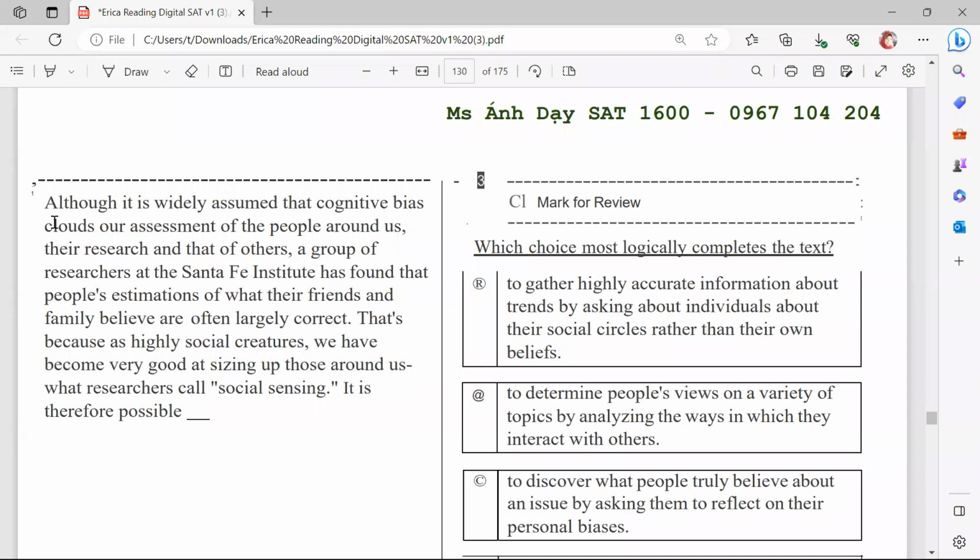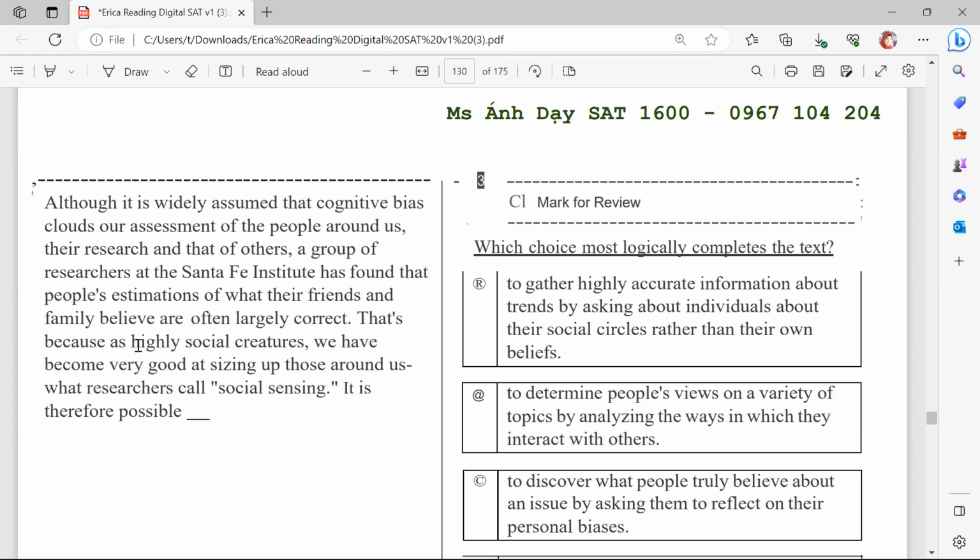Although it's widely assumed that cognitive bias clouds our assessment of the people around us, their research and that of others. A group of researchers at Santa Fe Institute has found that people's estimations of what their friends and family believe are often largely correct.